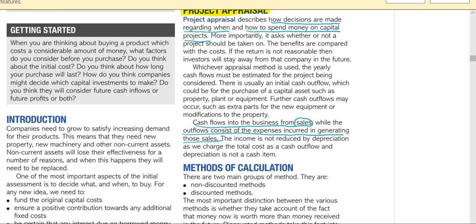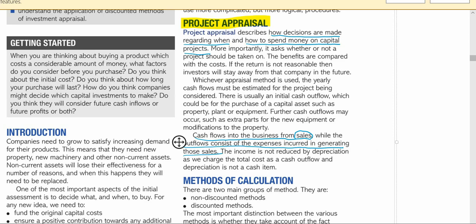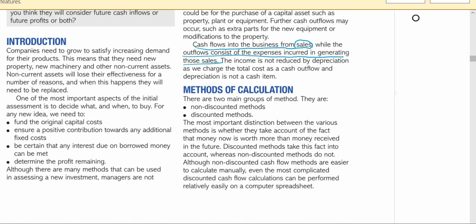So method of calculation. How can we calculate investment decisions? We have two methods to evaluate project appraisal. Number one, the non-discounted method, and the second one is the discounted method.